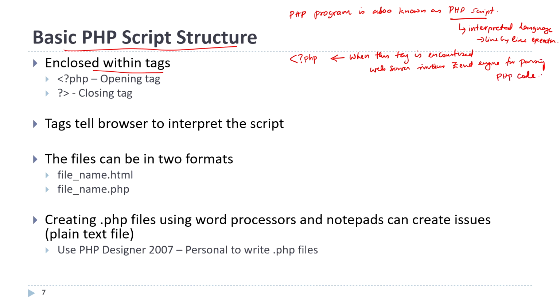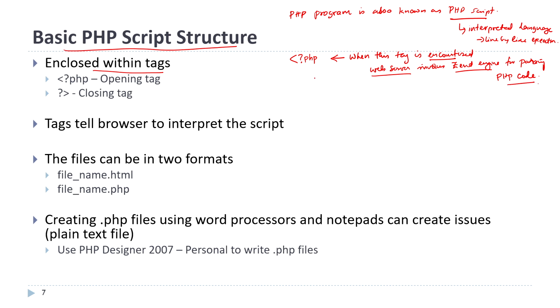As soon as this tag comes across, the web server, whether it is IIS, Apache, or GWS, it does not matter, invokes the Zend engine, and that Zend engine parses the PHP code.